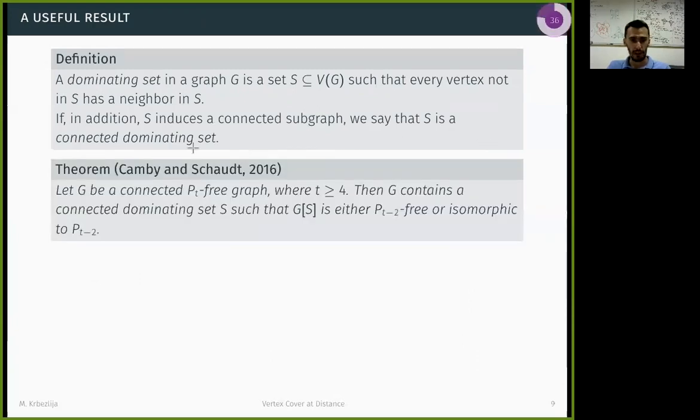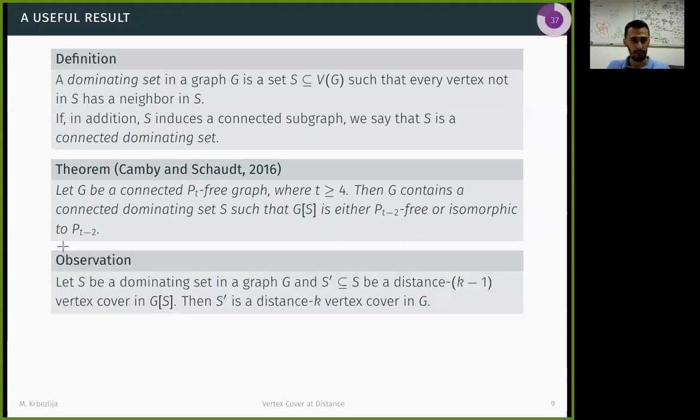This allows us to have a look at the following theorem by Camby and Schaudt from 2016, who stated that if G is a connected P_t-free graph for some t greater than or equal to 4, then G contains a connected dominating set S such that the subgraph in G induced by S is either P_{t-2} free or isomorphic to P_{t-2}.